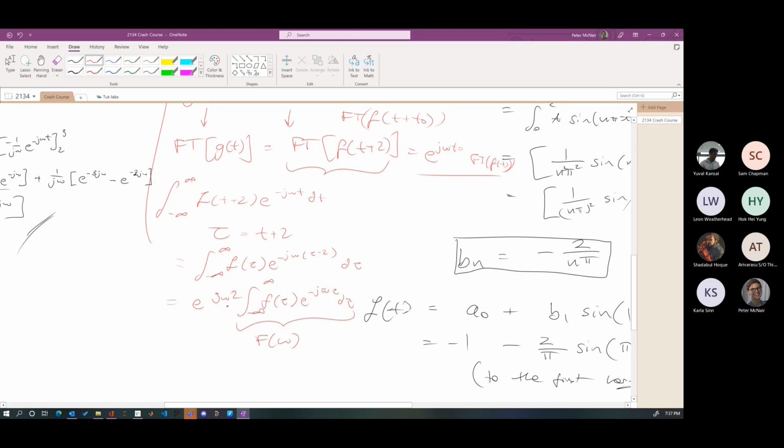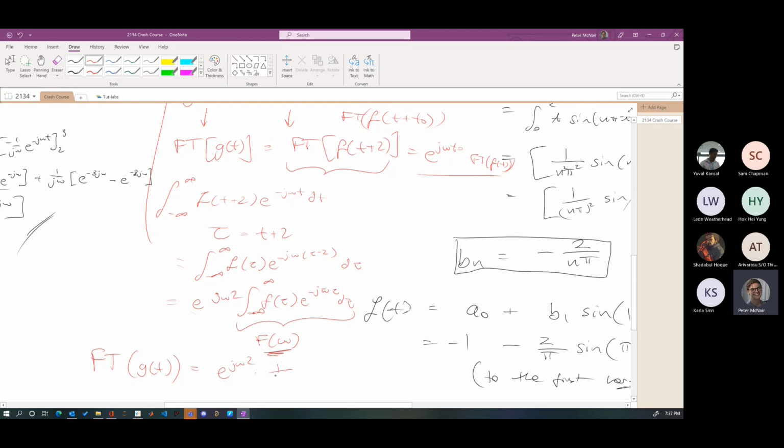So we can essentially say that the Fourier transform of g of t is just equal to F of omega times e to the j omega 2.